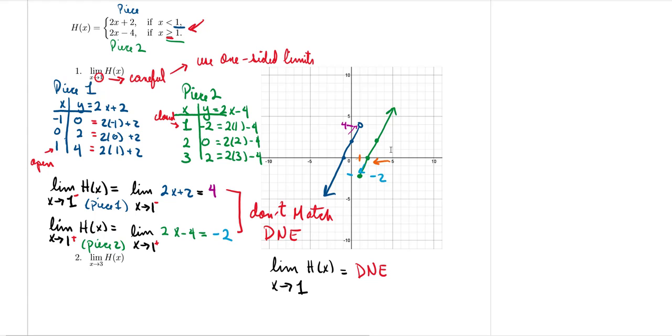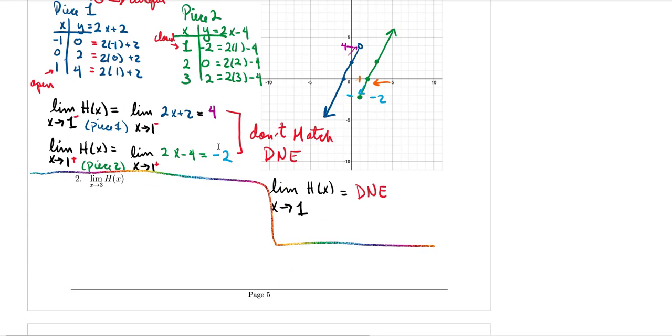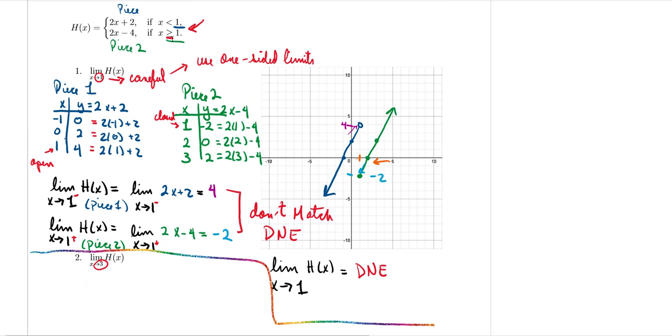Okay. Now, what about the second example, where it's asking us, what is the limit for h of x as x approaches 3? Do we need to do the one-sided limits once more? Well, take a look at it here. We're approaching 3. Was that the endpoint for any of the piecewise functions? Not really. 3 is located right over here.